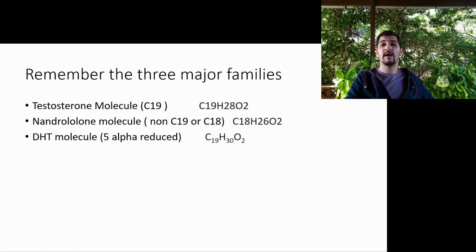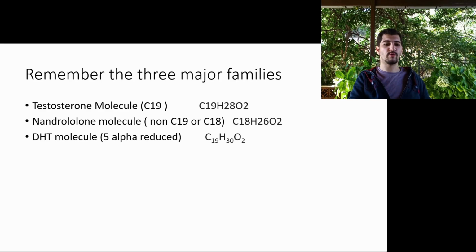The synonym is non-C19 androgens, or androgens that don't have 19 carbons. Instead, they have 18. You might ask why they lack the last carbon. Because they lack the carbon on the 19th position.